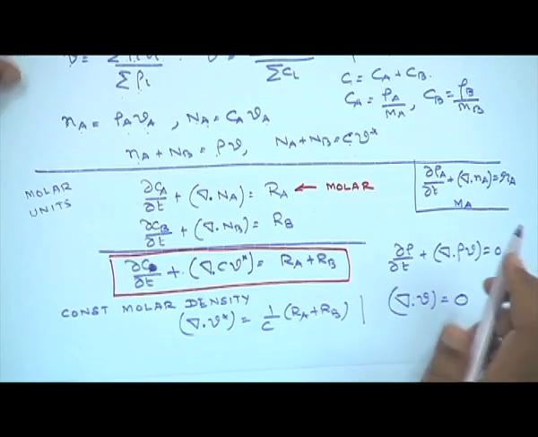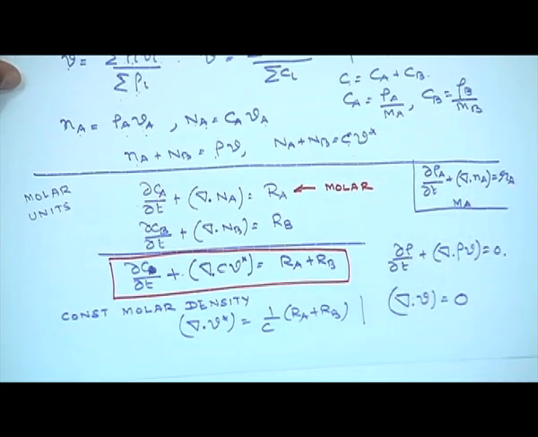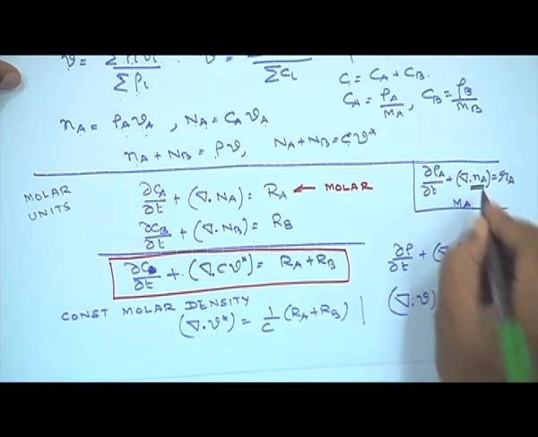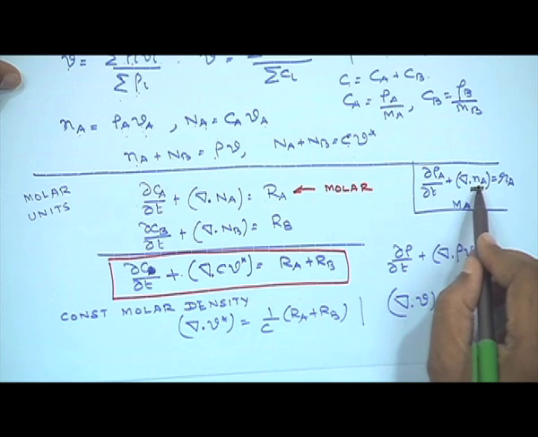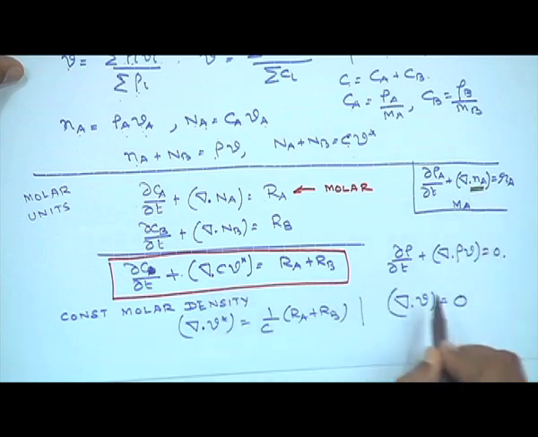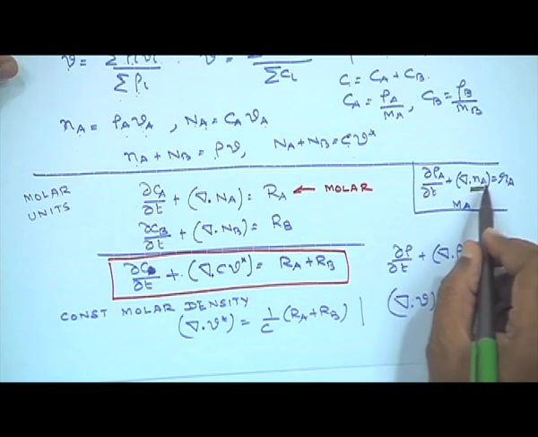Next comes what is going to happen to Na. We have said that Na contains both a convective contribution and a conductive contribution. Same applies for capital Na as well.